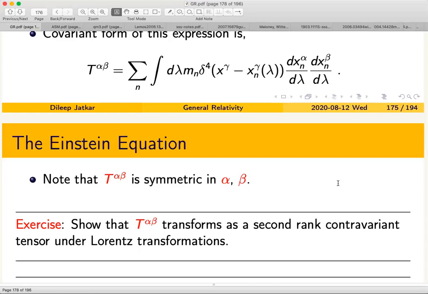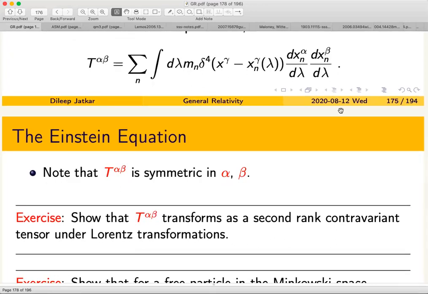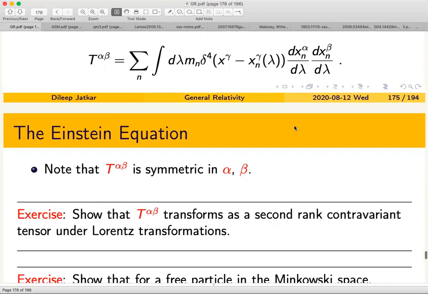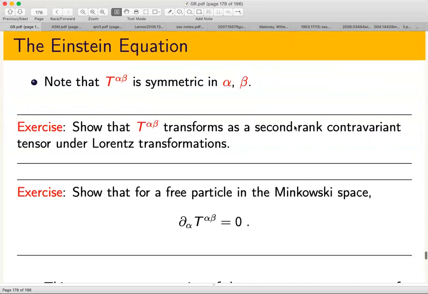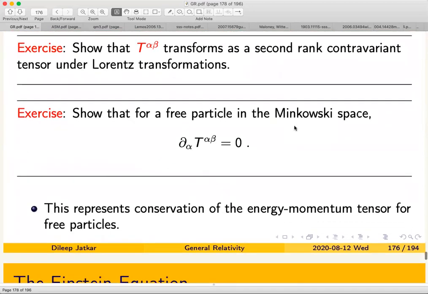So in this particular case, you naturally get the energy momentum tensor in a symmetric form. Okay, so you can check that this energy momentum tensor is a second rank contravariant tensor under Lorentz transformations, and for a free particle it is conserved.